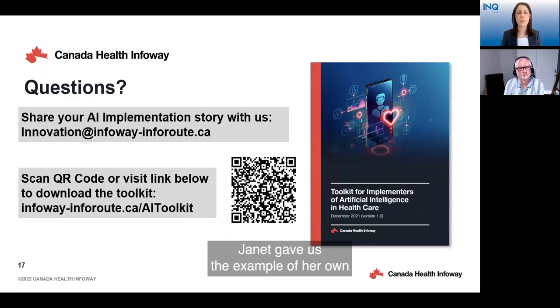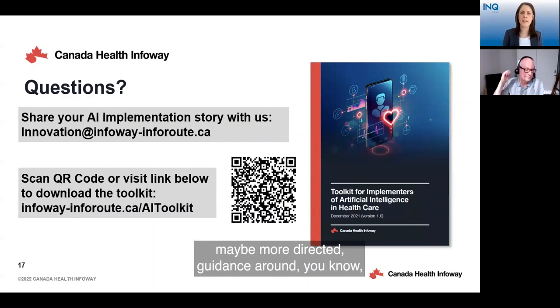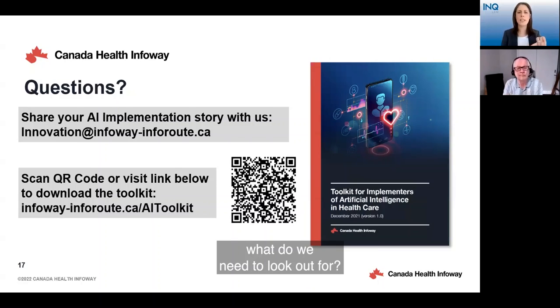Janet gave us the example of her own organization, a mid-sized regional hospital, and how even at that stage, they're starting to use artificial intelligence and could have really benefited from some more directed guidance around, what do we need to look out for?